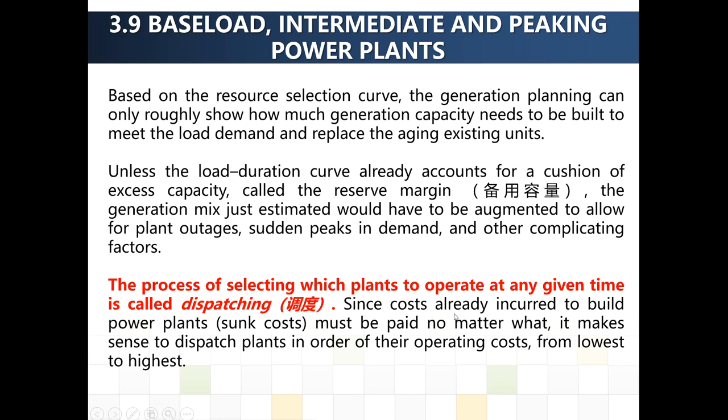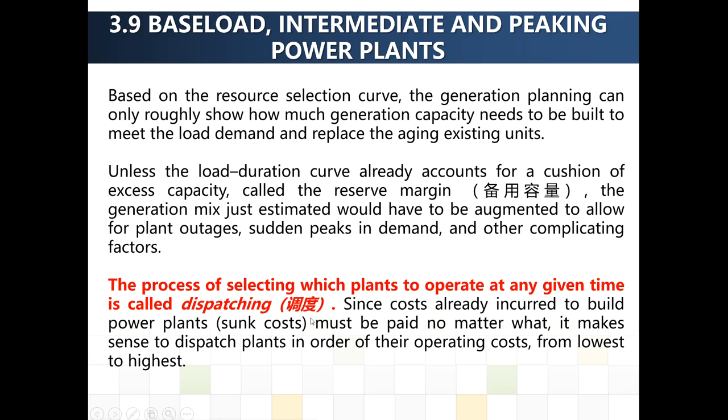The determination of which power plant to operate at a given time, and the amount of power generated at each hour, is called dispatching. So the process of selecting which plant to operate at any given time is called dispatching.